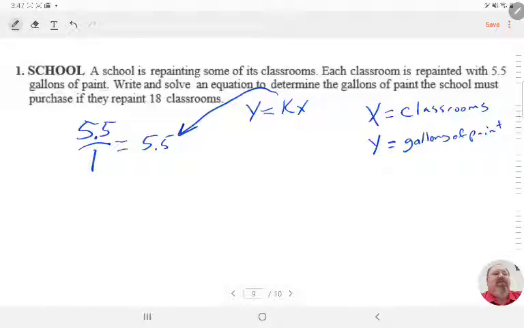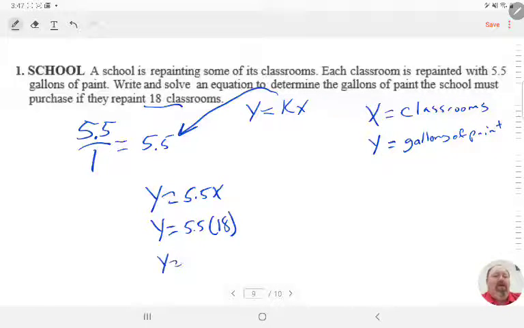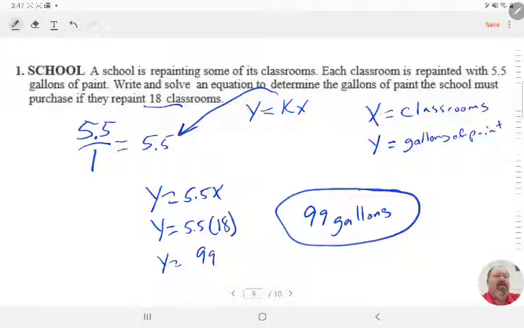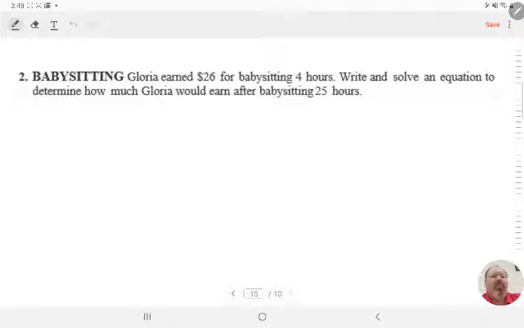So I would have y equals 5.5x. And then they tell me 18 classrooms, so that's y equals 5.5 times 18. And so y would equal 99. So you would need 99 gallons for the classrooms. Okay? One more.